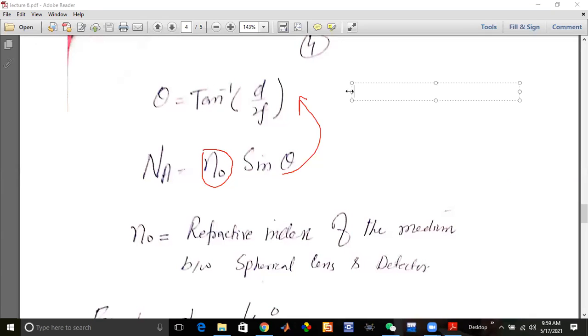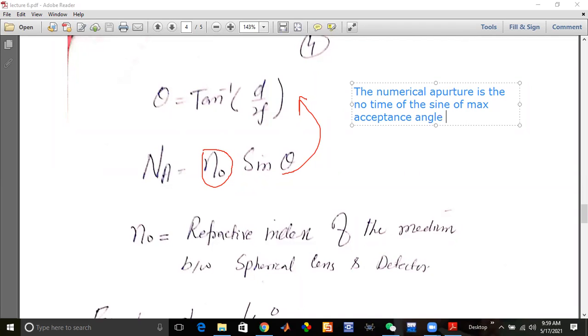You can write this: the numerical aperture is n naught times the sine of the maximum acceptance angle theta.